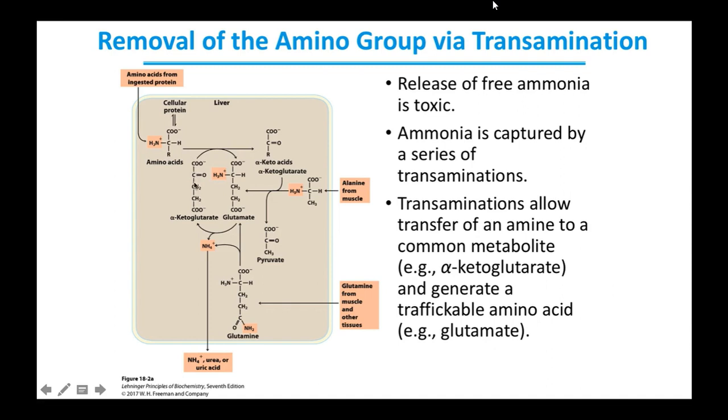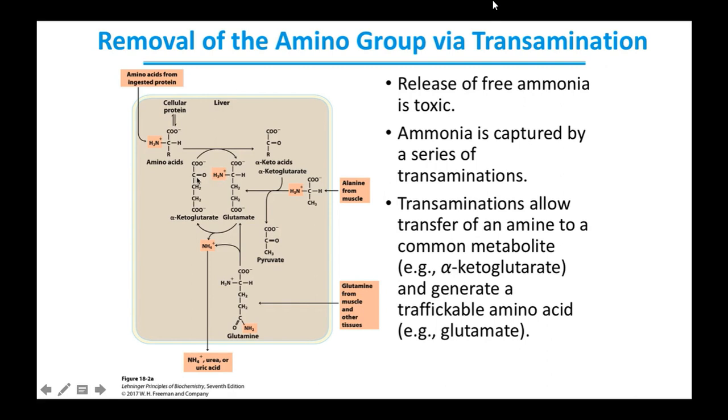Remember, alpha-ketoglutarate is a molecule in the TCA cycle. It is also the alpha-keto acid, because the keto group is alpha to this carboxylic acid, of the amino acid glutamate.